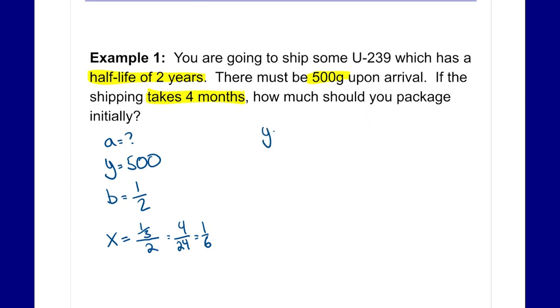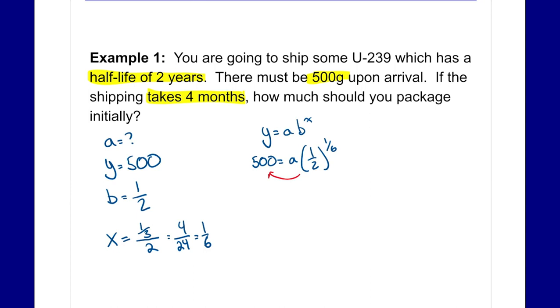So I'm going to plug all of this into my exponential equation, a b to the power of x. A we don't know, y we know is 500, B is a half, so 1/2 to the power of 1/6. To get A by itself, I'm going to move 1/2 to the power of 1/6 to the other side. It's going to become division.